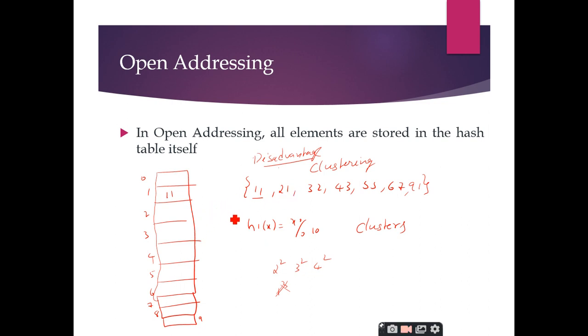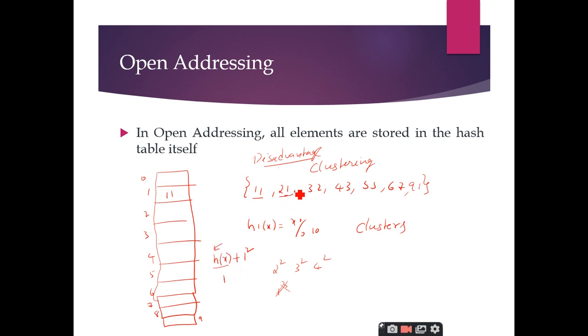So I should act like this. It should be h of x plus 1 square. As I get the first collision, I should search for a location which is h of x plus 1 square. What is h of x? H of x is nothing but the key that is generated.